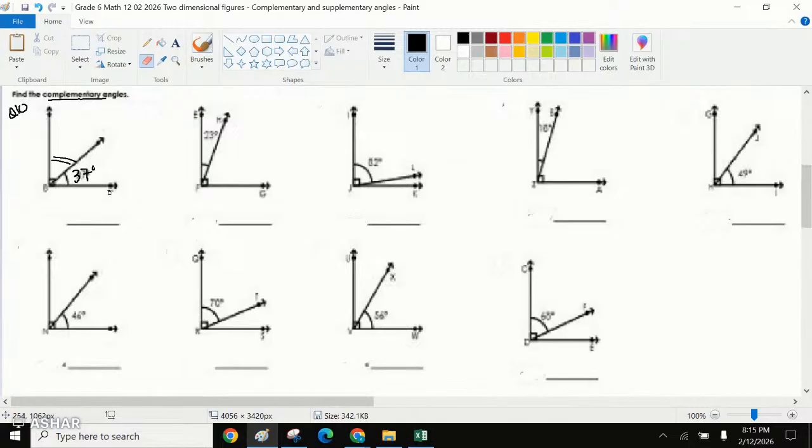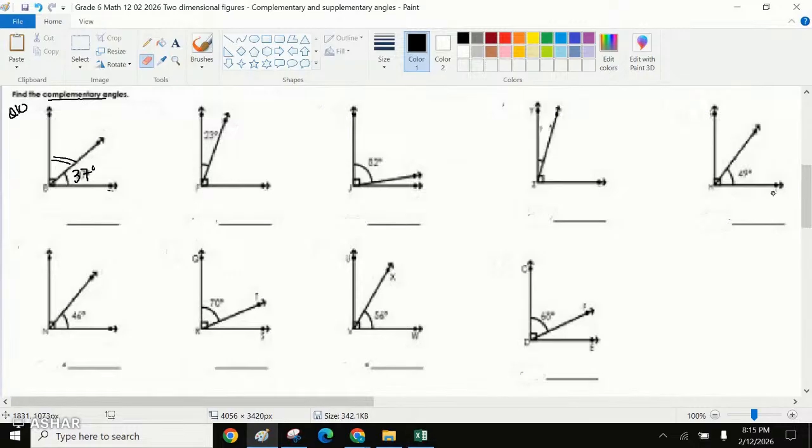If the smaller angle given to us is 37, what would be the other complementary angle?